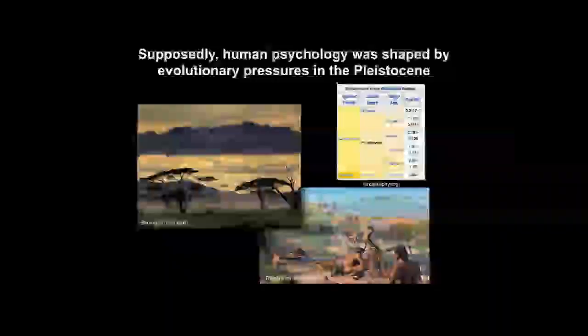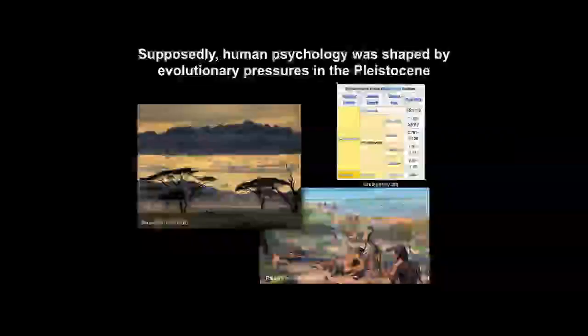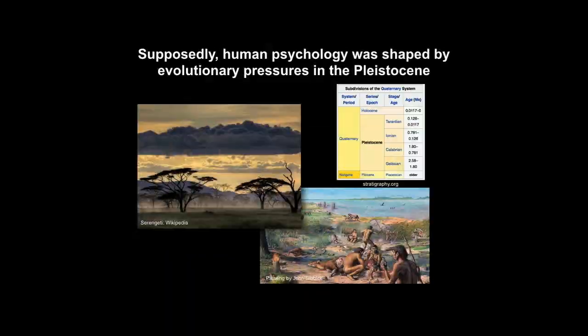Now, supposedly, your psychology and mine was shaped by evolutionary pressures in the Pleistocene. So many scientists argue that the reason men behave this way, or women behave that way, was because back in caveman times, this is what men did, and this is what women did, and this is why we have these preferences.